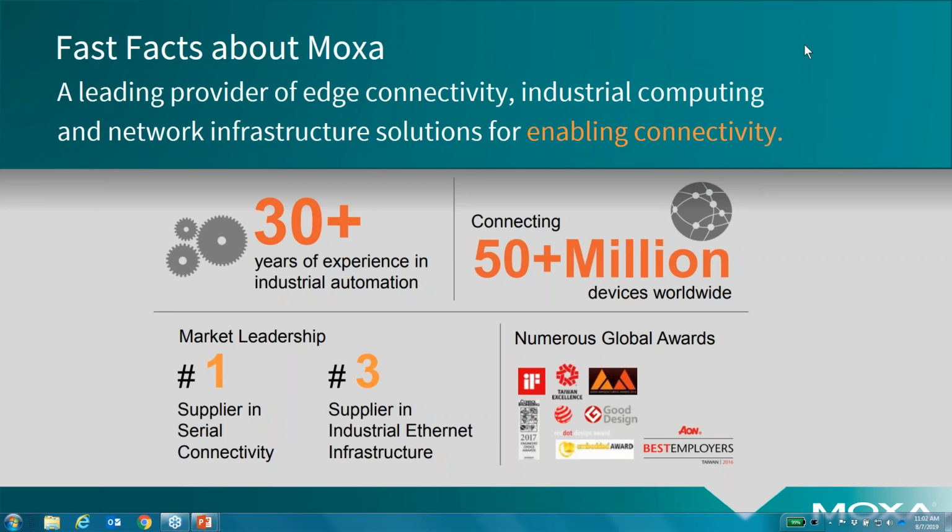We've been in business a little over 30 years, connecting over 50 million devices. And currently, we have market leadership, #1 position for serial connectivity and #3 for industrial Ethernet. In addition to that, Moxa's got numerous global awards for design, quality, as well as an employer.